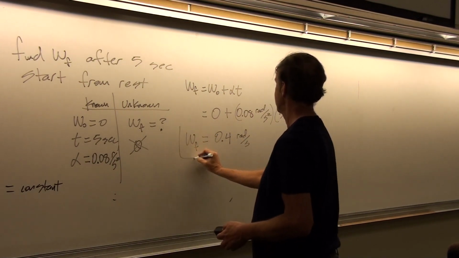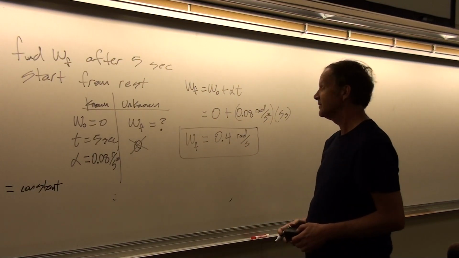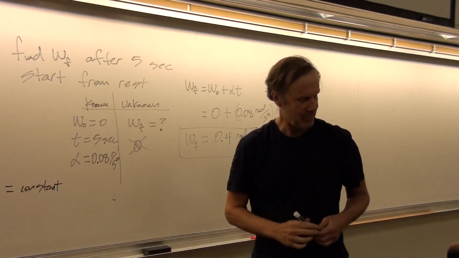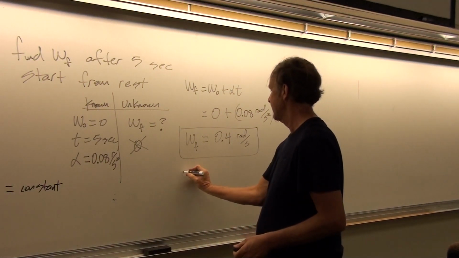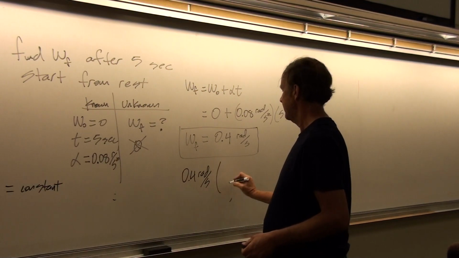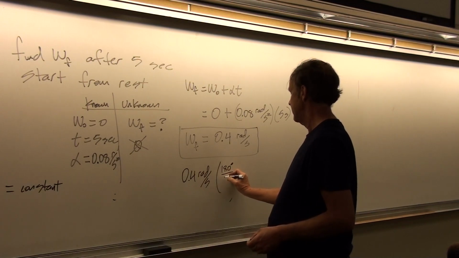So is this going to be a fun ride? Well, I don't think so. But let's just take a quick look at how many degrees per second that would be. 0.4 radians per second times 180 degrees for every pi radians.